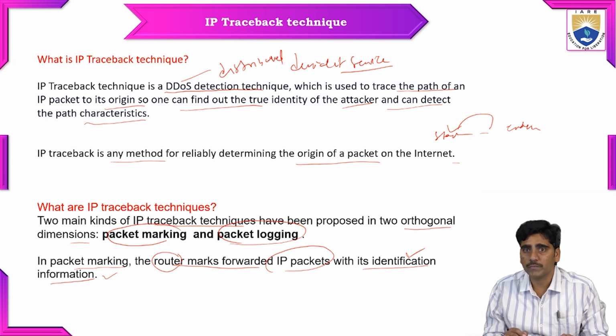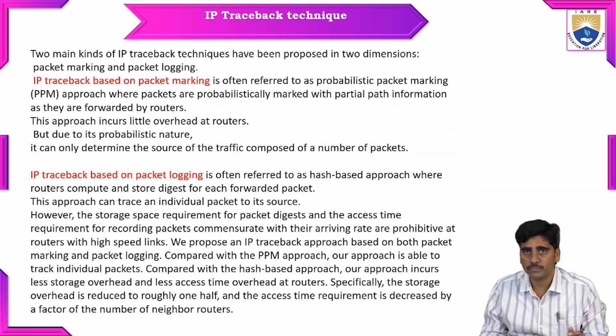In the same way, here the router acts like a toll point, and each and every packet that comes to the router point is marked by the router, and after identifying all the information of the packets, the router opens the gate to let the packets move on. That is how packet marking is processed.